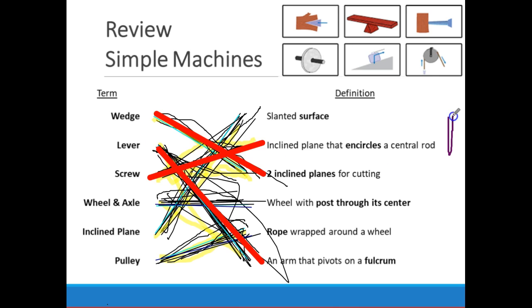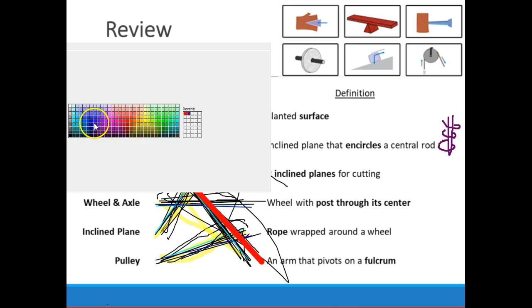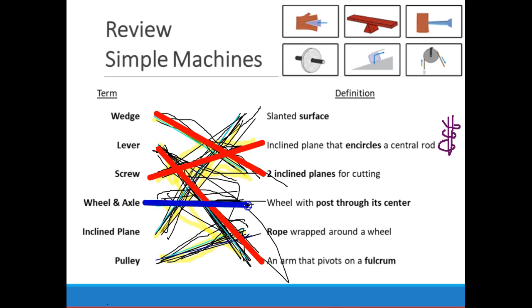If this is our screw, that plane goes around and around, encircling our rod here. A wheel and axle is when we have a wheel with a post through its center. An inclined plane is just any slanted surface. And a pulley is when we have a rope wrapped around a wheel.